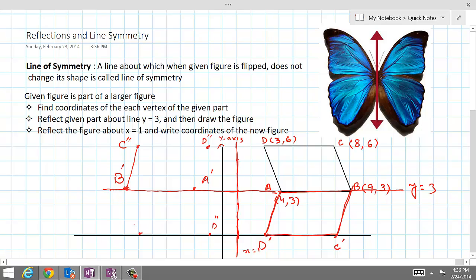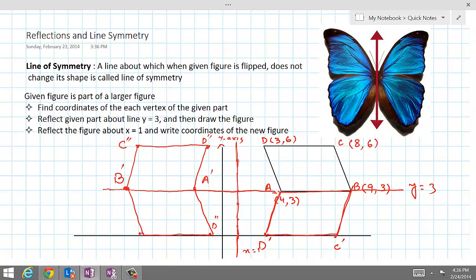And if we join these points and these points and these points, this will be the new shape. And if we want to write coordinates of the vertices, that is easy.